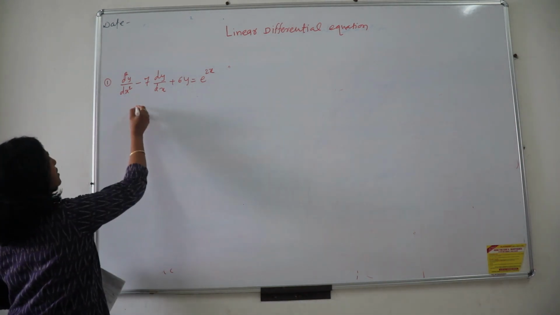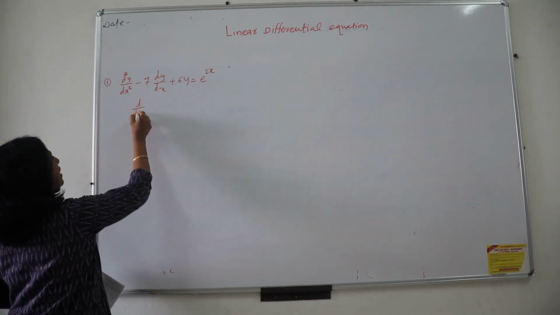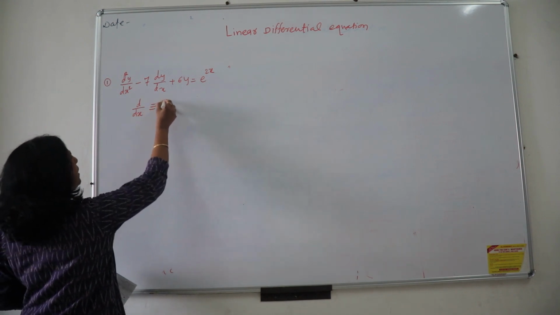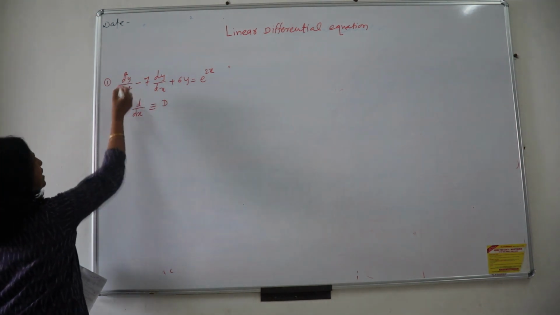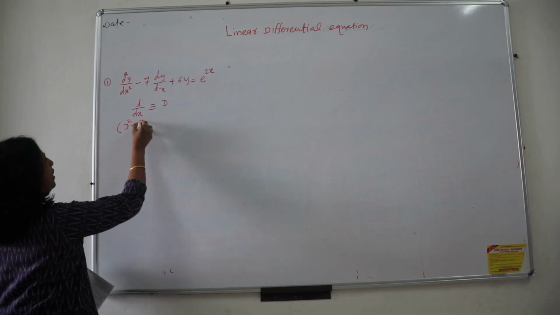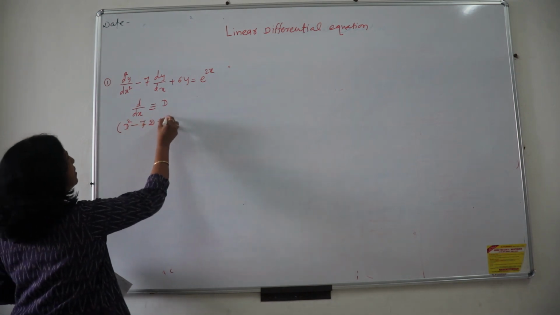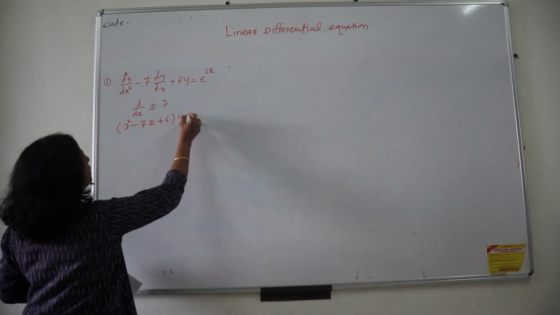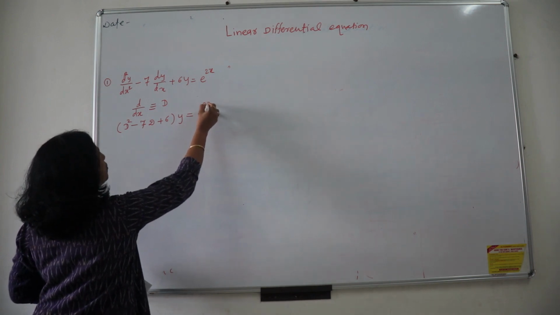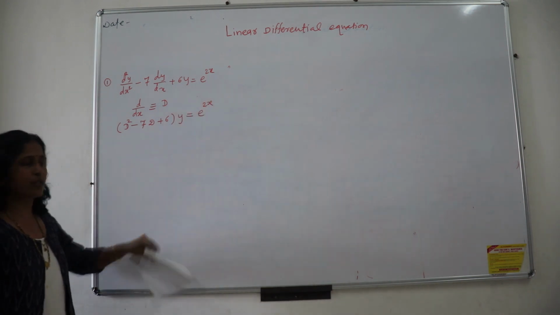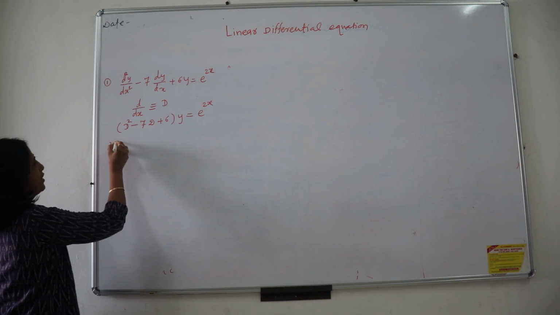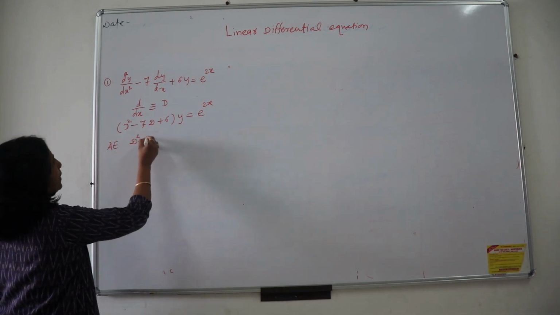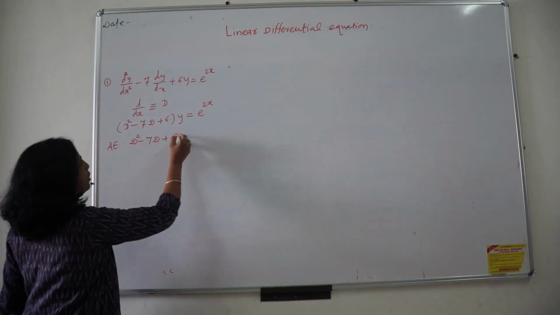So as usual, first of all, d by dx is to be replaced by the operator D, and it will become, see, it is second order, so (D square minus 7D plus 6) of y, taken common. This is equal to e raised to 2x. This you have studied in complementary function. Now what is my auxiliary equation here? D square minus 7D plus 6 is equal to 0.